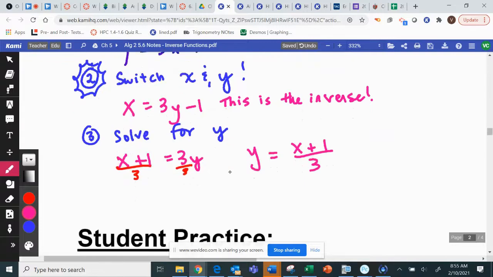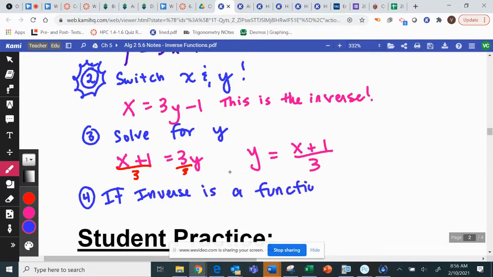And then step 4 for finding the inverse. If the inverse is a function, put it back into function notation.